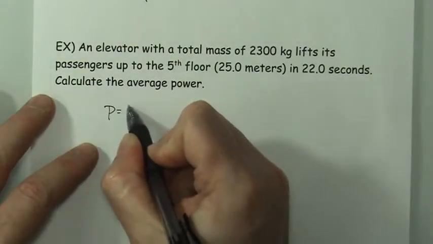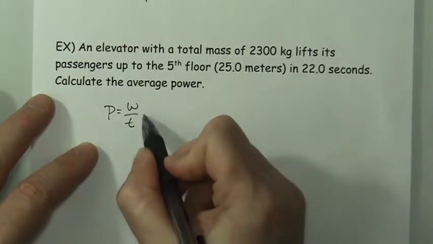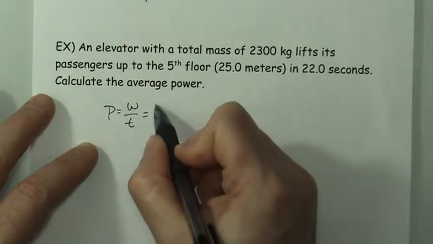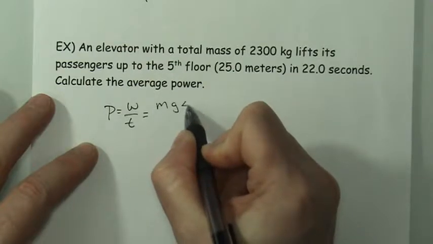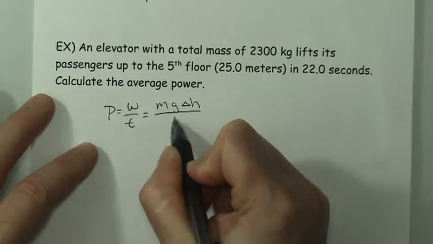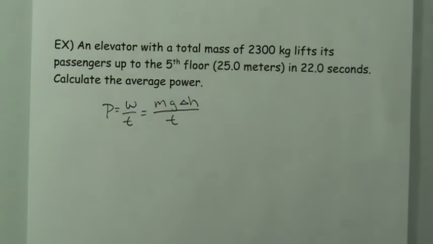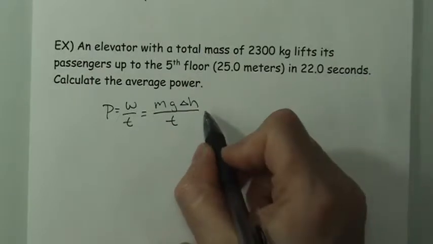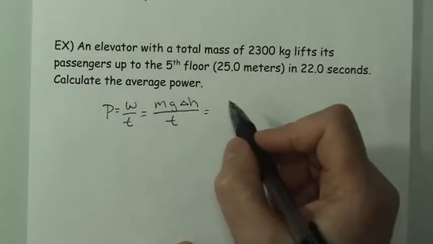So the formula for power is work over time, but in this case, the work is being transformed into potential energy, or that is to say, the work that is being done against gravity, and as a result, we're getting some potential energy, some storage of energy. And we can go ahead and start plugging the numbers in now.